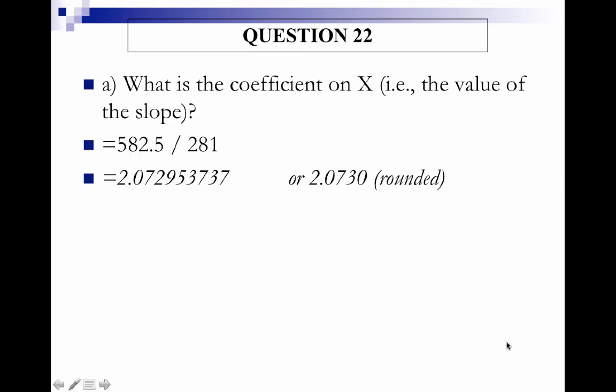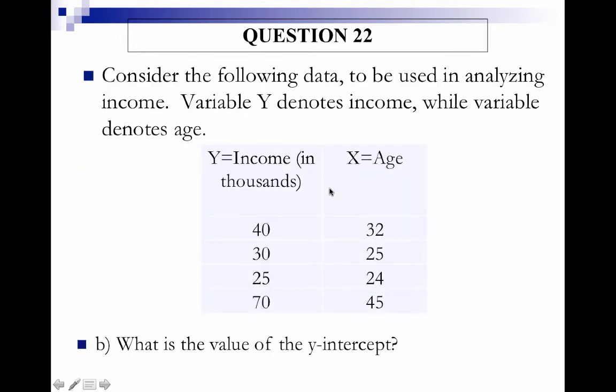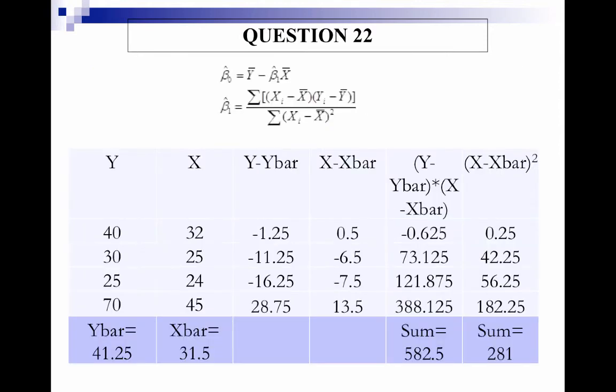So for the slope, 582.5 divided by 281 is going to be 2.0729 or 2.0730. For the value of the y-intercept, again, we're going to use the formula. We always calculate the slope before we calculate the y-intercept, since you take the value of the slope and place it into the formula for the y-intercept.